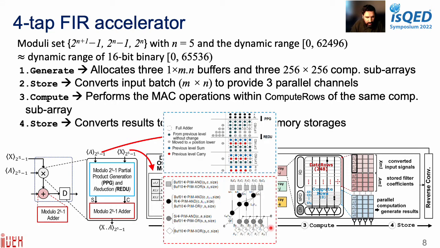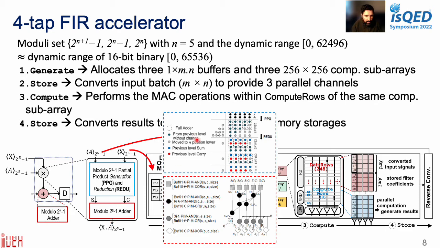As I already mentioned, the compute step includes M-mul, modular multiplication, and modular addition. The modular multiplication includes partial product generation, PPG, and reduction, redo, followed by M-add, or modular addition.